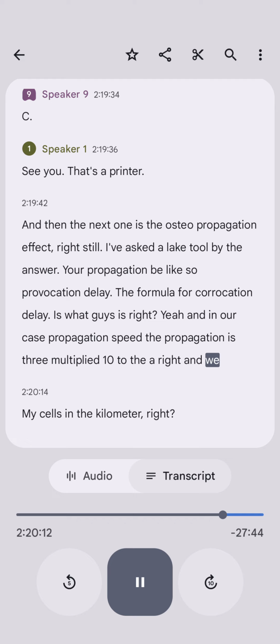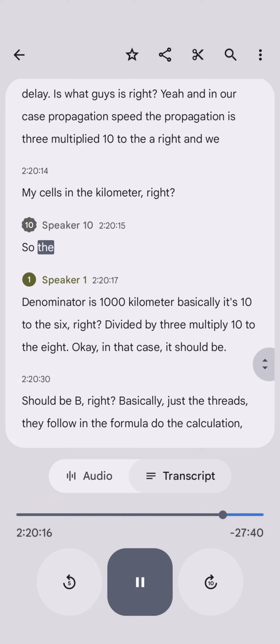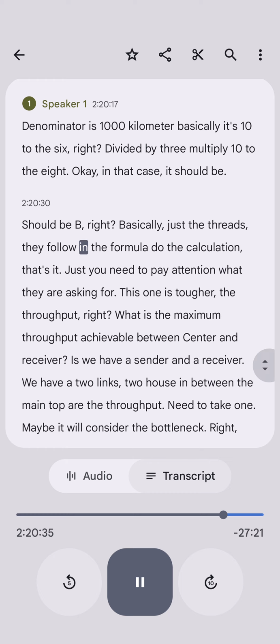And we need the link length here, 1,000 kilometer, right? So the numerator is 1,000 kilometer, basically 10 to the 6, divided by 3 multiplied by 10 to the 8, okay? In that case, it should be B, right? Basically, just directly follow the formula for the calculation, that's it. You just need to pay attention to what they are asking for.